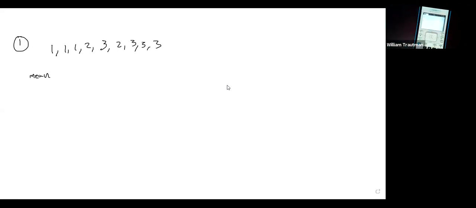Okay, so these are the options on the test, okay? And I'm going to show you how to do this first on the calculator for those of you who didn't get 2.1.